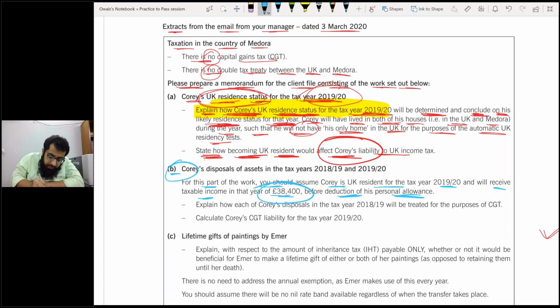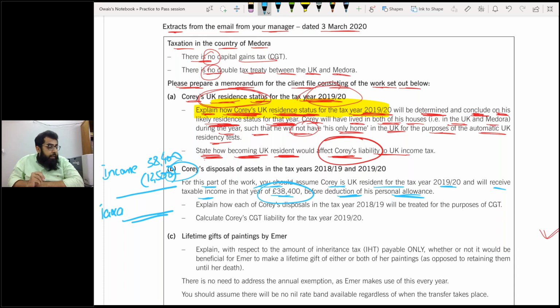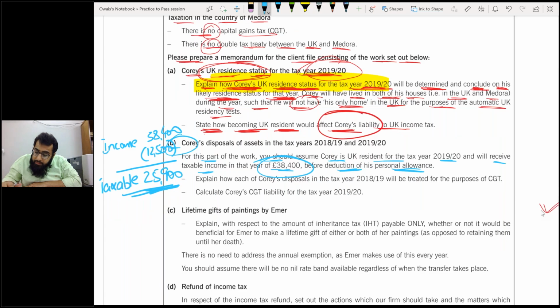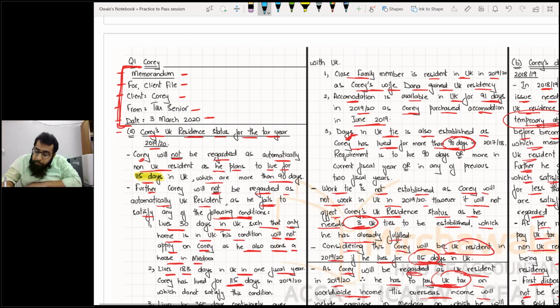So if his income is 38,400 before personal allowance, and the personal allowance is 12,500, what will be his taxable income, which will use his band? 38,400 minus 12,500, so 25,900 is his taxable income, which will use his basic rate band.